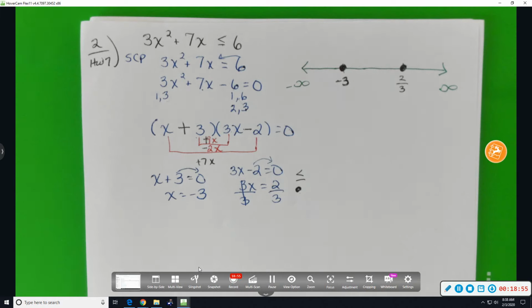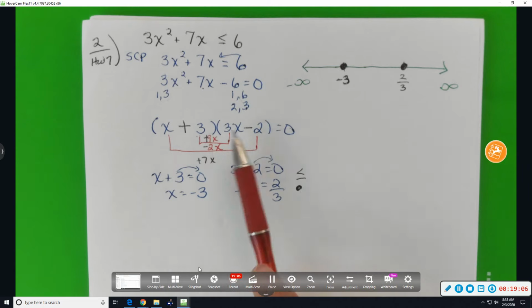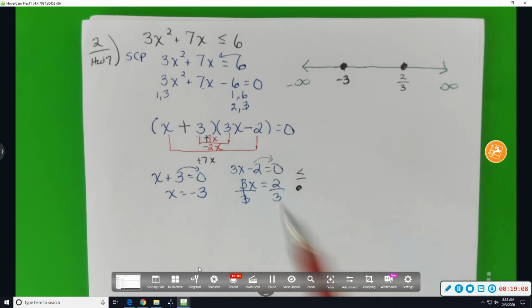Now I look at it and I wonder, does it alternate? Well, I look at the factors. We factored it and there weren't the same factor in both sets. So yeah, for y'all's purposes, it alternates.